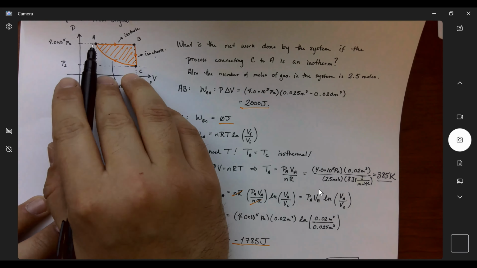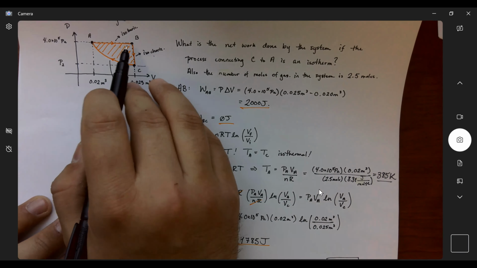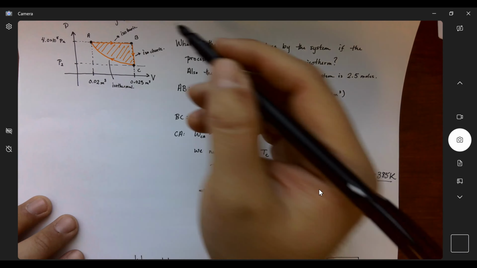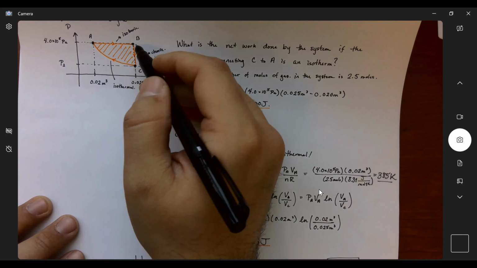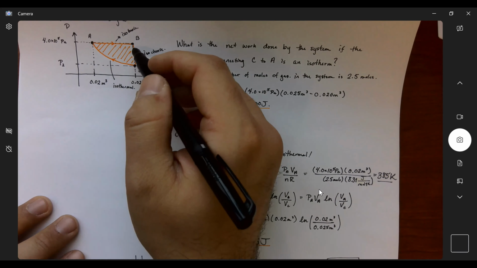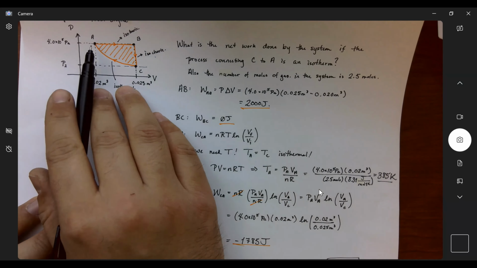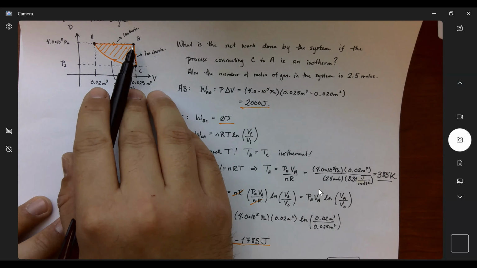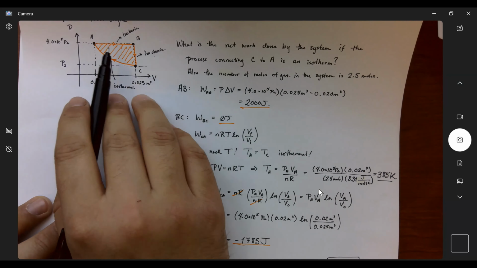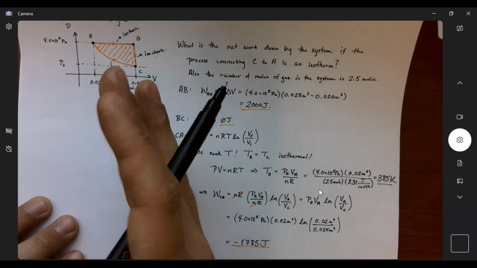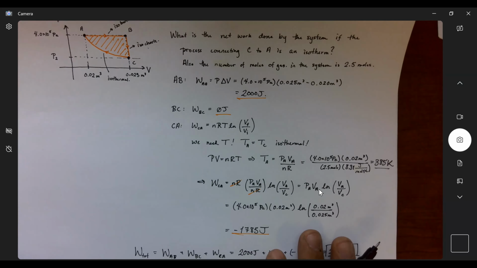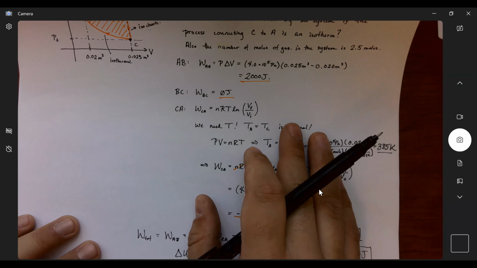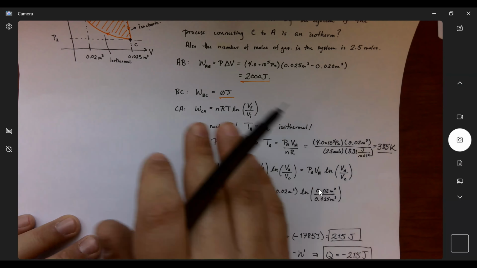You can find what the internal energy at A and B are via temperatures, since you know, again, the pressures and the volumes at A and B, so you can find what the internal energy difference between A and B is. Since it's an isobaric process, you know the relationship between the internal energy and the amount of heat.